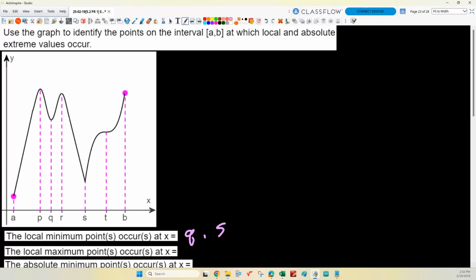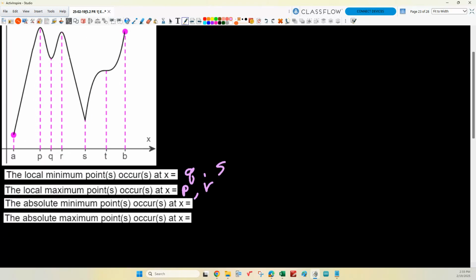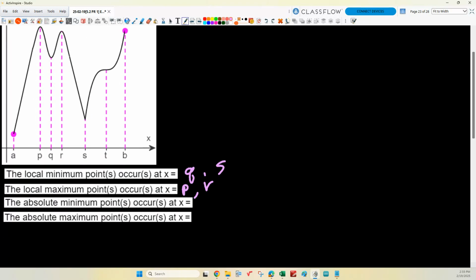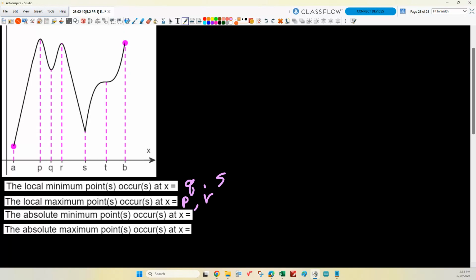That's not the case here. If he walks left, he goes down, right, he goes up. So it can't be either one. Relative to the terrain right around him, it's not the highest point or the lowest point. So only those two. Where would local maximum values occur? P, R, and I guess that's it, right? Absolute minimum values occur at what?